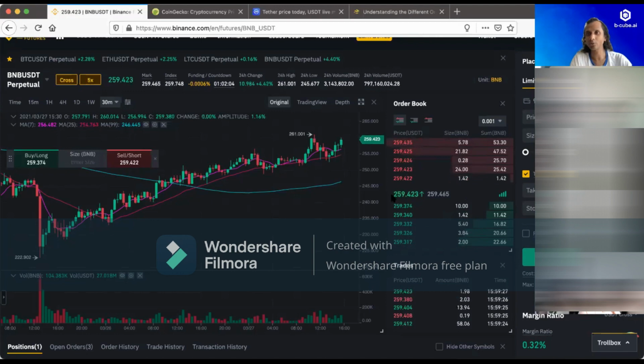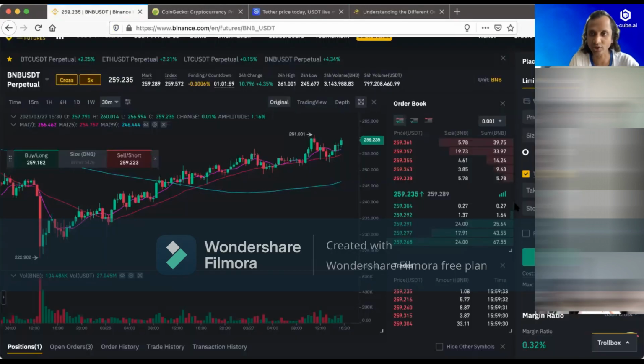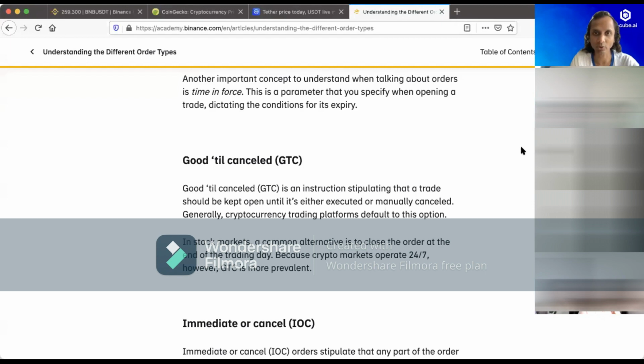The question is, how long will you wait? The answer is good till cancelled. If you select this GTC, you see it's good till cancelled. It's an instruction stipulating that a trade should be kept open until it's either executed or manually cancelled. So until you cancel it yourself or until it gets executed, it will remain open.